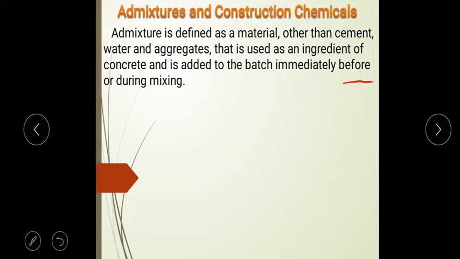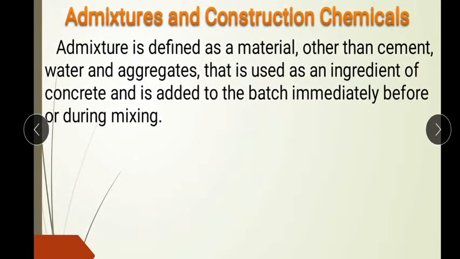Either we can make it a good flowable concrete, without disturbing the original property of concrete. If we want to make it a very workable concrete, we need to use some additional materials, that is the admixture.